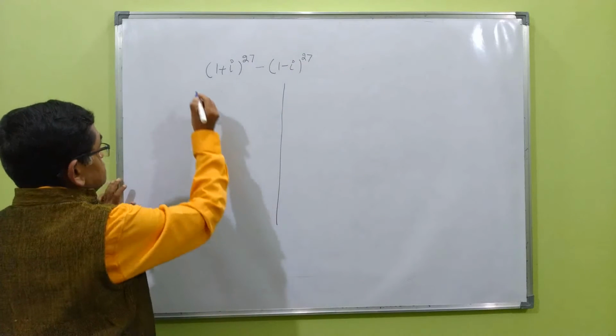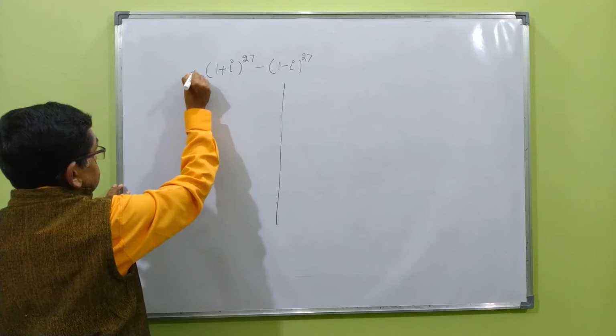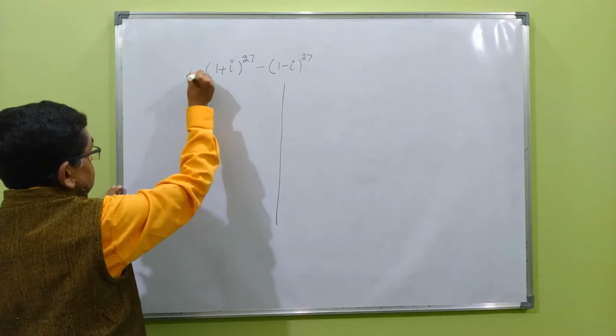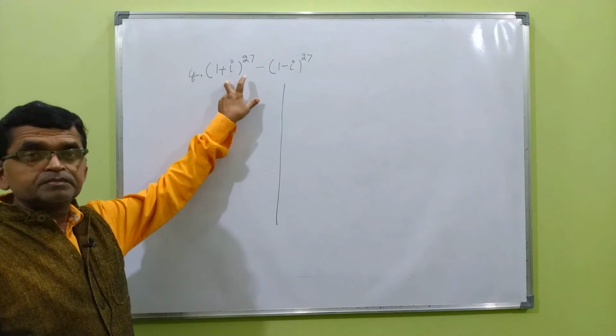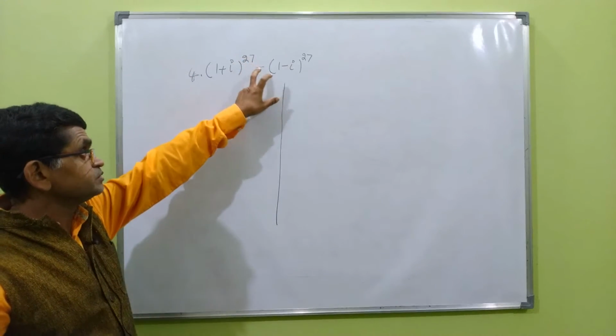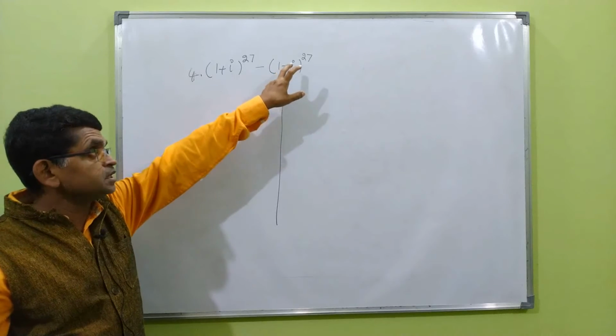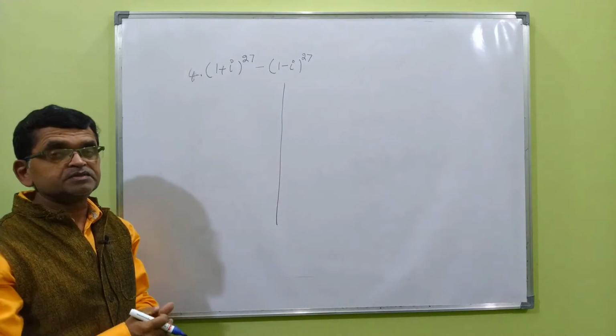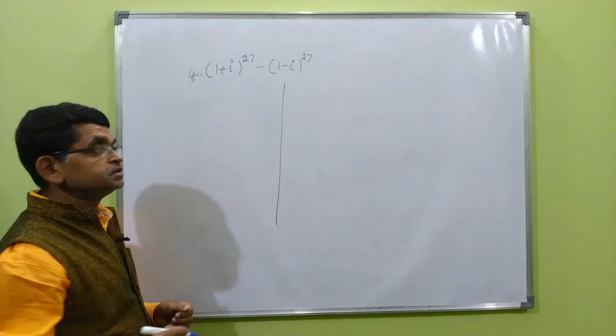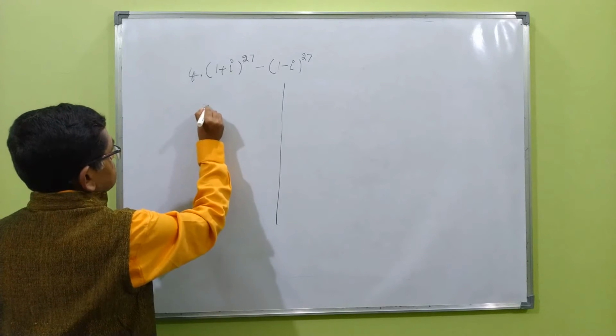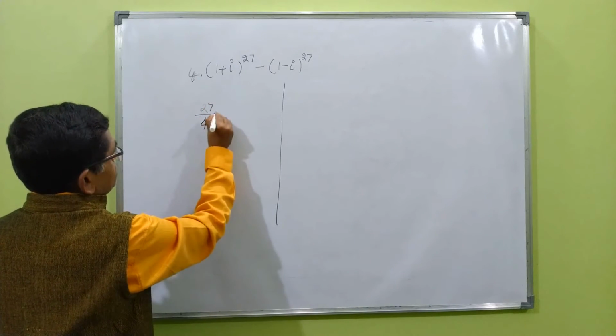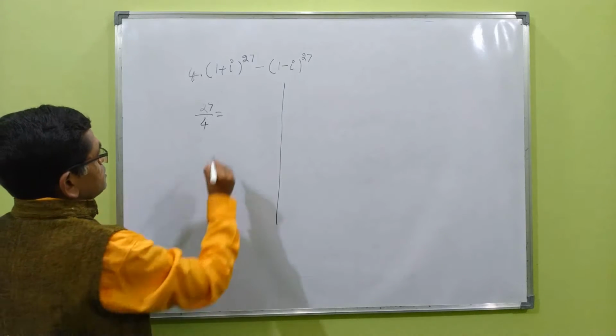So you are asked to find (1 plus i) whole to the power 27 minus (1 minus i) whole to the power 27. Then how to apply the shortcut? 27 divided by 4 is equal to 6.